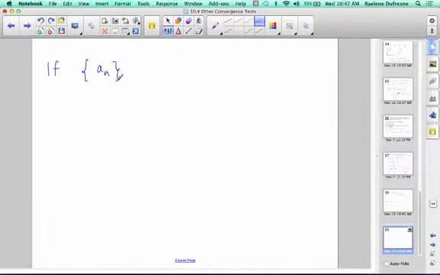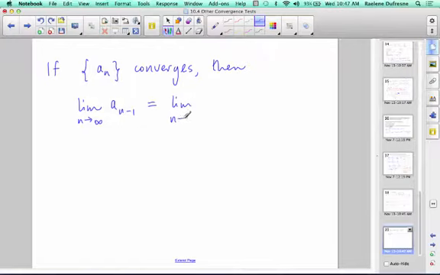If a sequence converges, then the limit as n approaches infinity of an minus 1 equals the limit as n approaches infinity of an, which equals the limit as n approaches infinity of an plus 1. In some sense, what we're finding is that there is a ratio between one term to the next.